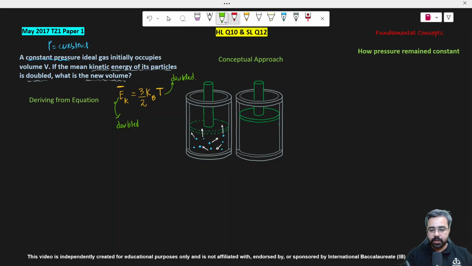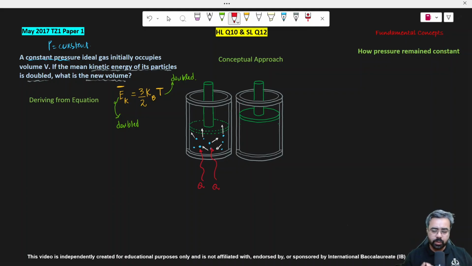And by the way, why was it doubled? Because it means that we have given heat to the gas. This heat entered into the gas, it increased the kinetic energy of every particle, and hence the speed has increased.